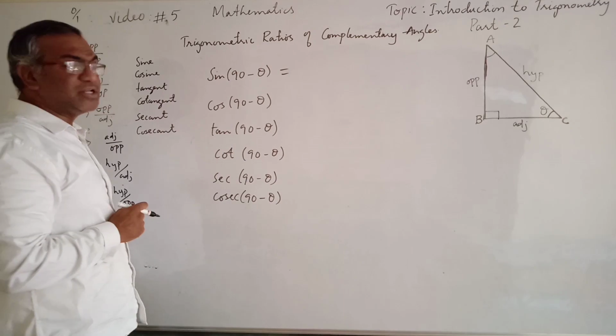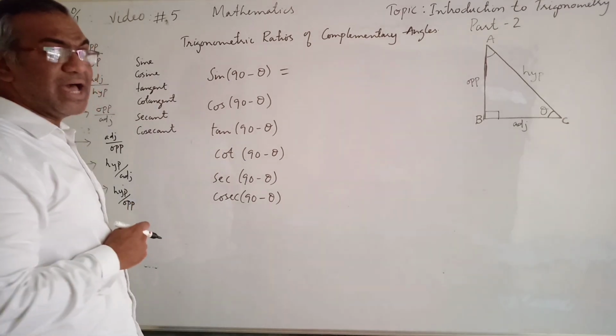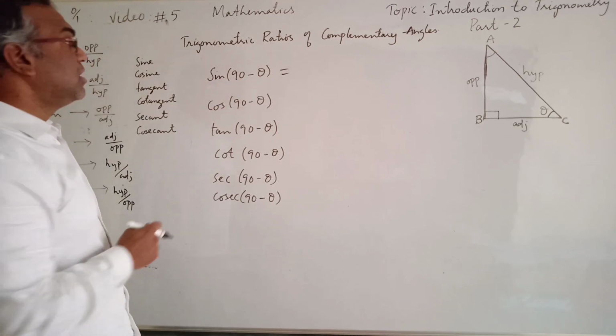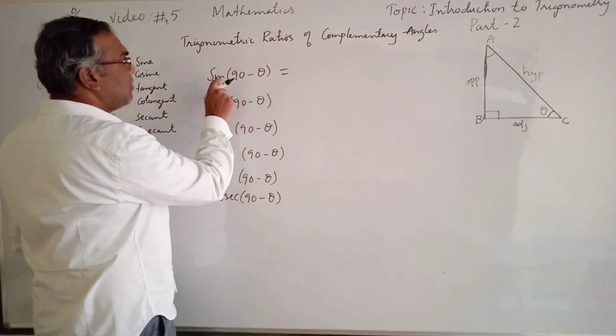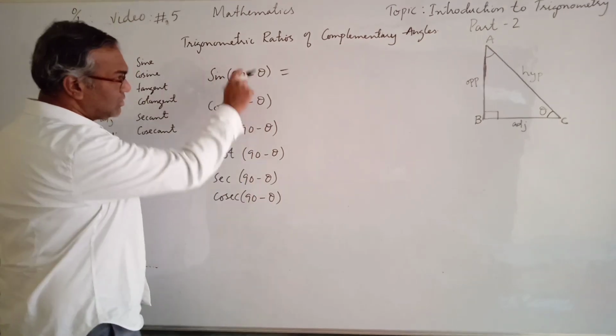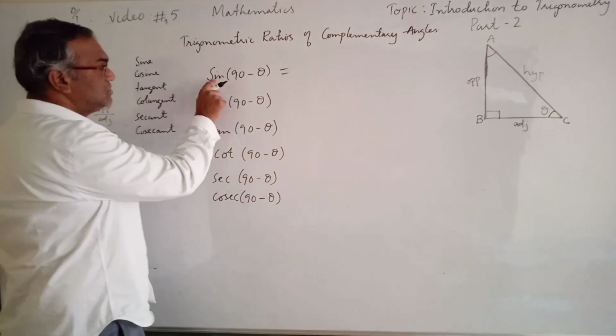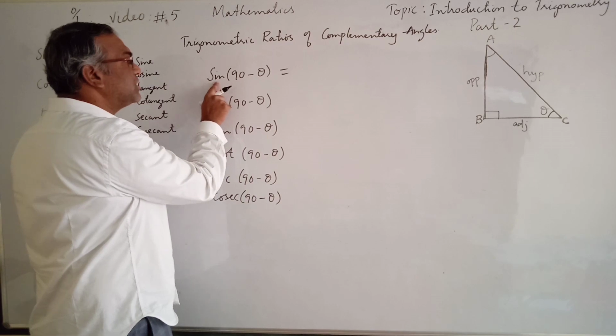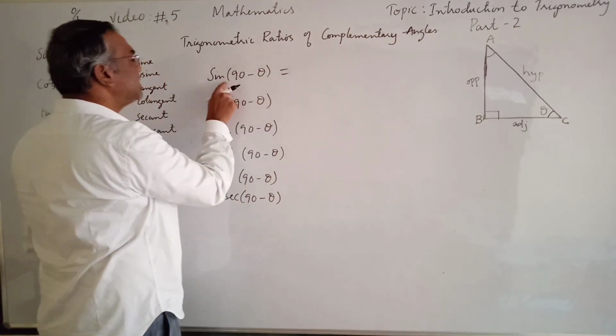Now, sine 90 minus theta will be equal to what? Remember these results: whenever we have complementary angles of 90, the trigonometric ratio changes to its cofunction.